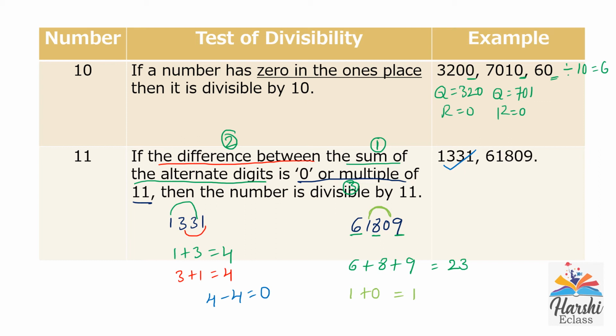Let's find the difference between these two sums. 23 minus 1 is equal to 22. 22 is a multiple of 11. 11 2s are 22. 22 is completely divisible by 11. It is a multiple of 11. So 61,809 is also completely divisible by number 11.